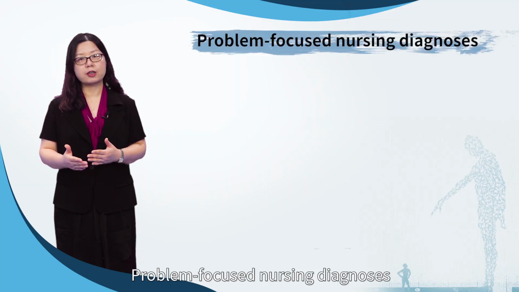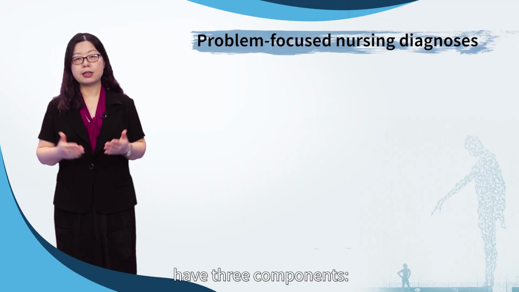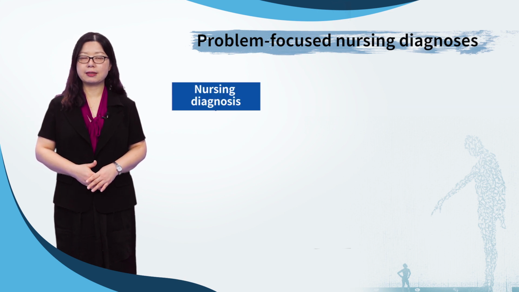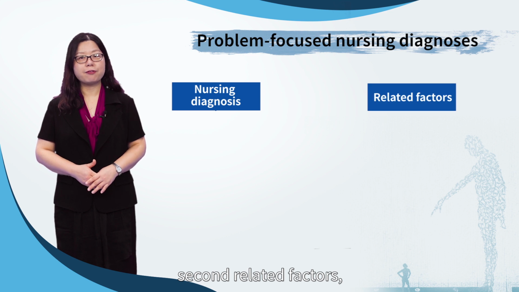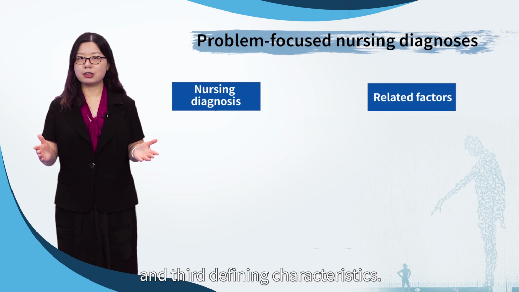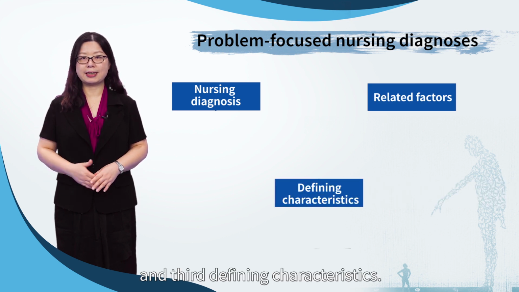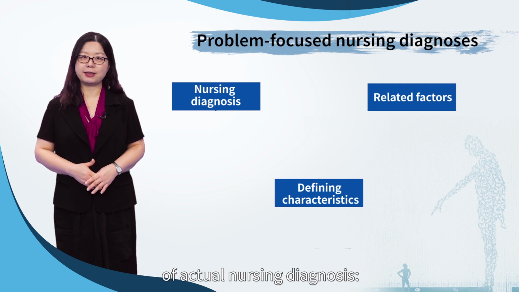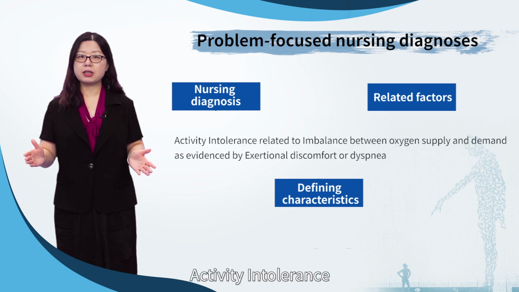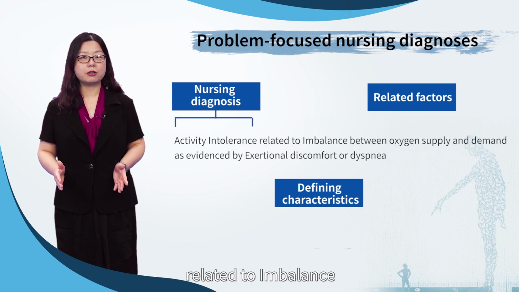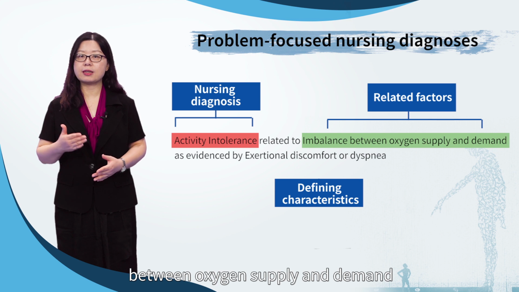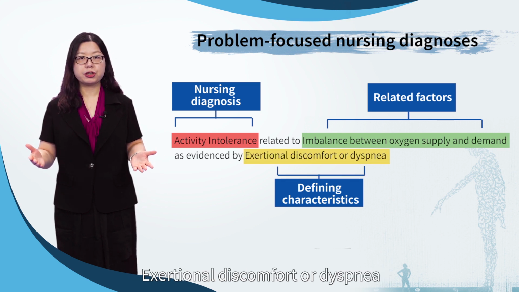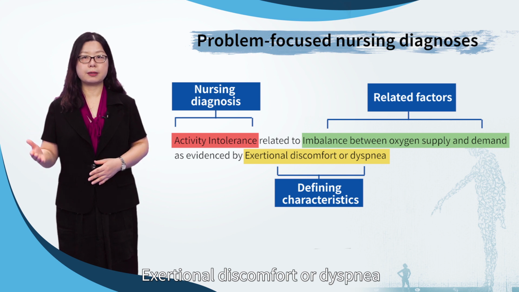A problem-focused diagnosis has three components. First, nursing diagnosis. Second, related factors. And third, defining characteristics. Here's one example of actual nursing diagnosis. Activity intolerance related to imbalance between oxygen supply and demand, as evidenced by exertional discomfort or dyspnea.